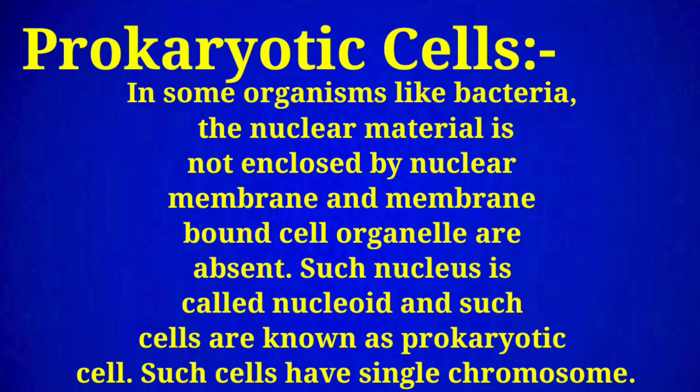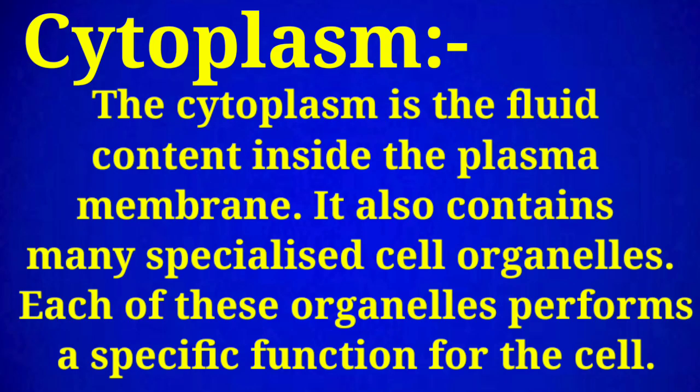Such cells have a single chromosome. Cytoplasm. The cytoplasm is the fluid contained inside the plasma membrane. It also contains many specialized organelles. Each of these organelles performs a specific function for the cell.